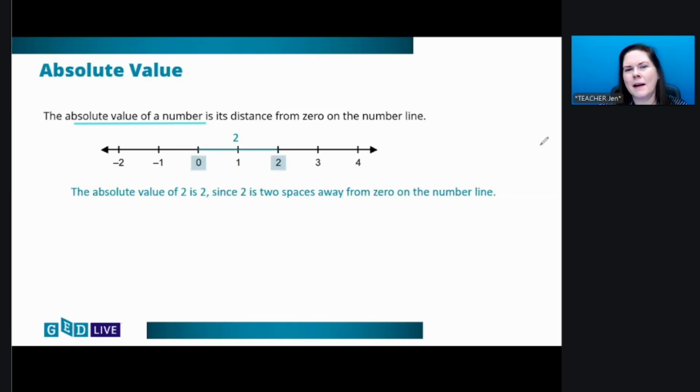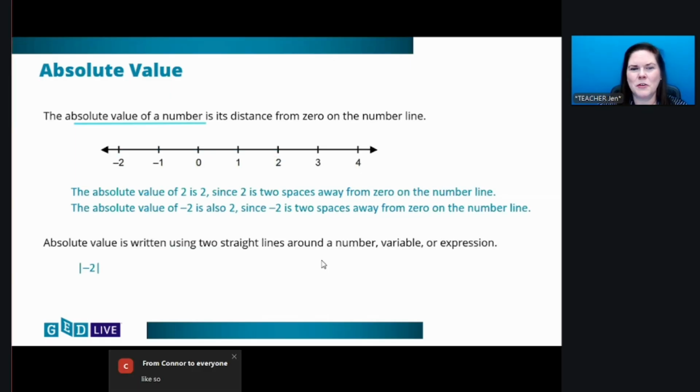Now, if you've learned about absolute value before, you might remember absolute value is often written with vertical bars around the number. So let me show you this example at the bottom. -2. So let's say we wanted to find the absolute value of -2. Your turn. How many steps over to 0 is it from -2?